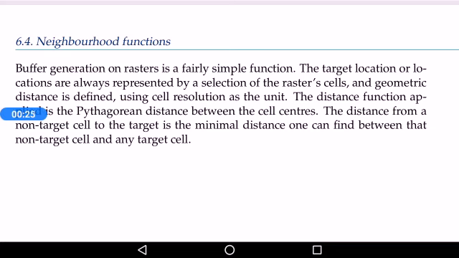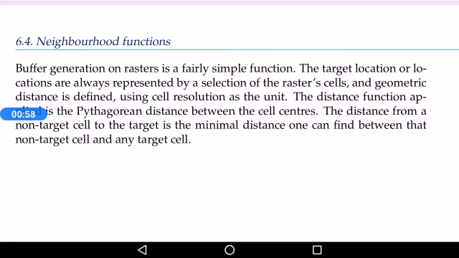Of course, it all depends on the kind of resolution that we have for the cells and how much one cell represents, like is it 1 meter or 1 foot. Depending on that, the distance from our target cell to other cells is computed, say for example, if you want to find out a 2 kilometer distance from a particular location.